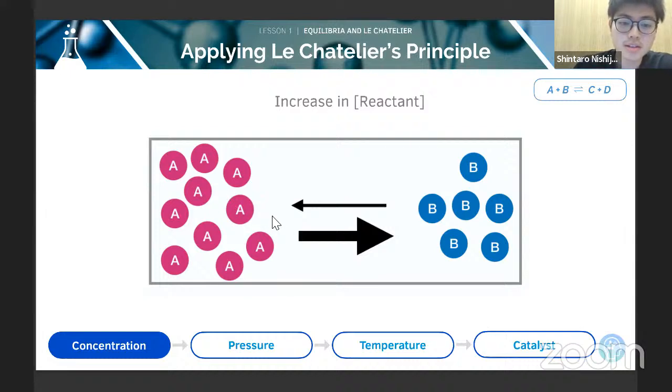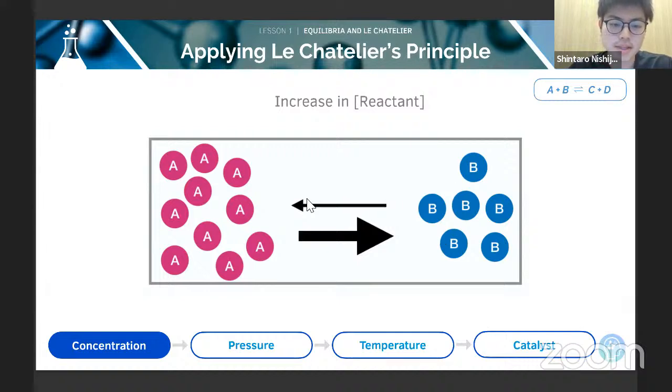Well, it could just convert it to B. If I added A, it's going to want to decrease A again and go back to its original state by converting it to B. So there will be more of the forward reaction and more of the products being formed. So we say that when we increase the concentration of the reactants, we shift the equilibrium to the right, because it tries to counteract me adding more A and convert it to B.